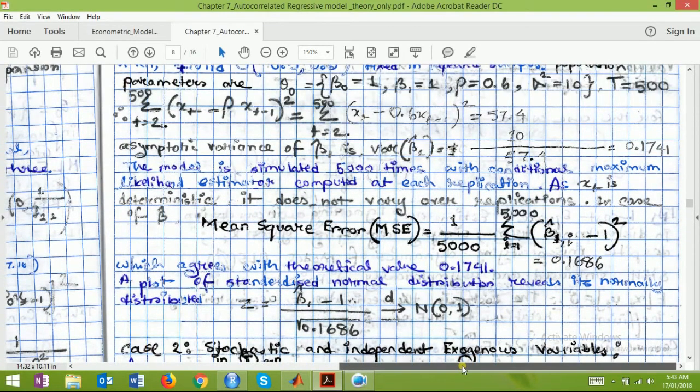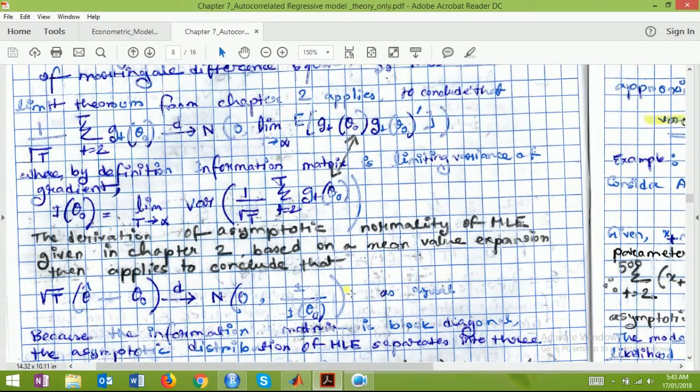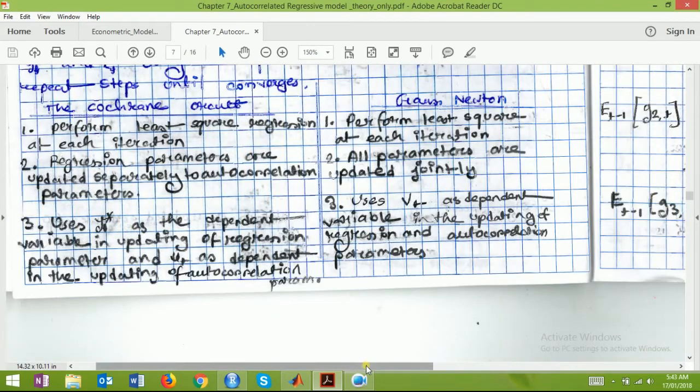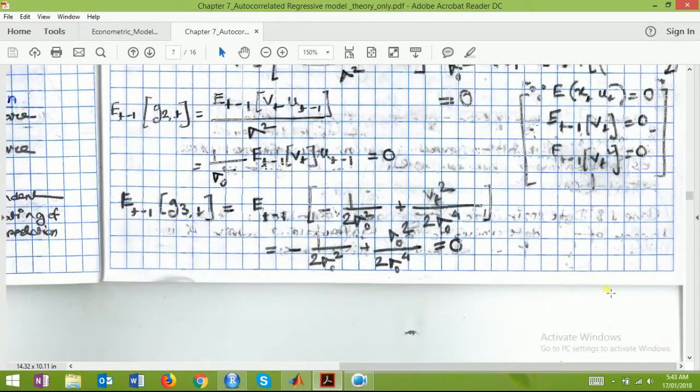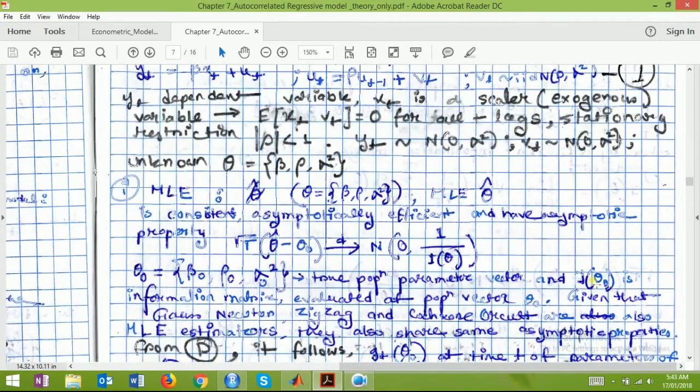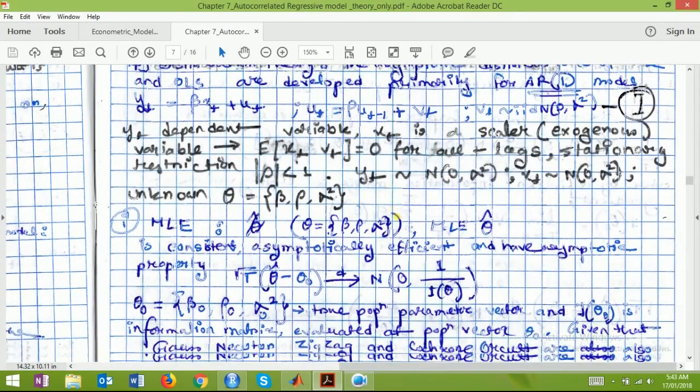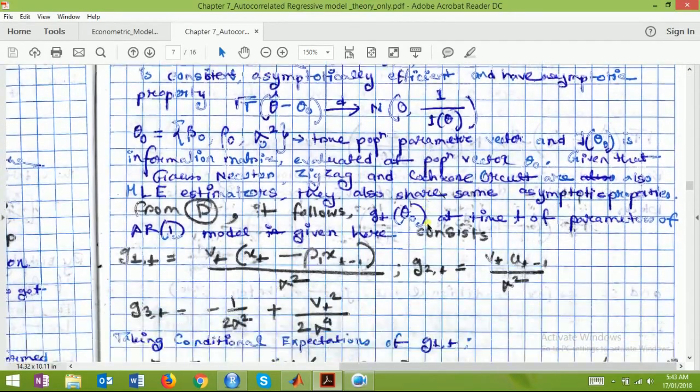So for deterministic exogenous variable, what was the theory that we discussed in asymptotic distribution? When we were discussing asymptotic distribution, what equations would we need?